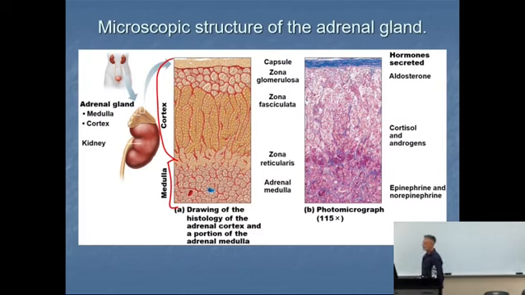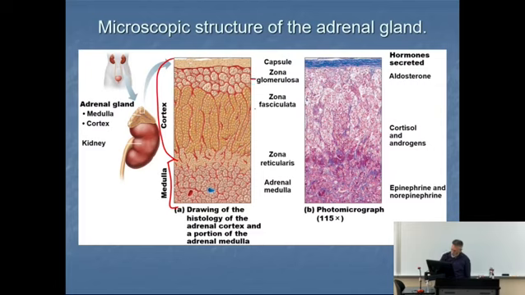Now what we discover is that in the cortex there are 1, 2, 3 different zones to the cortex, okay? So these are the zona glomerulosa, fasciculata, reticularis, GFR.